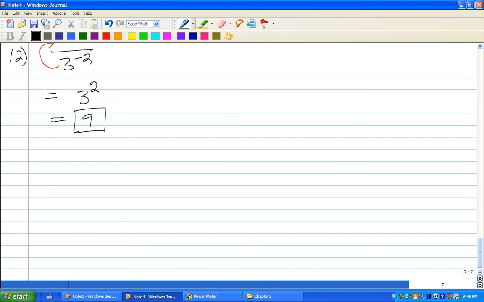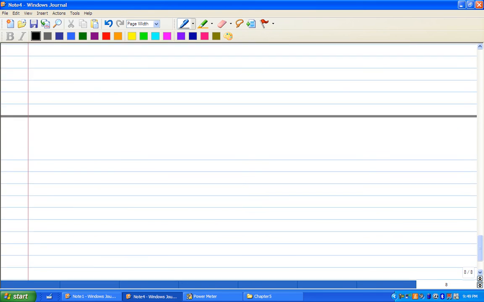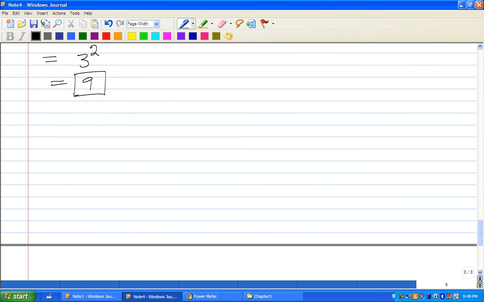Let me do problem number 16. 2 to the negative 2 over 4 to the negative 2. Again, I have negative exponents, so I'll bring the 4 up to the numerator, the 2 down to the denominator.